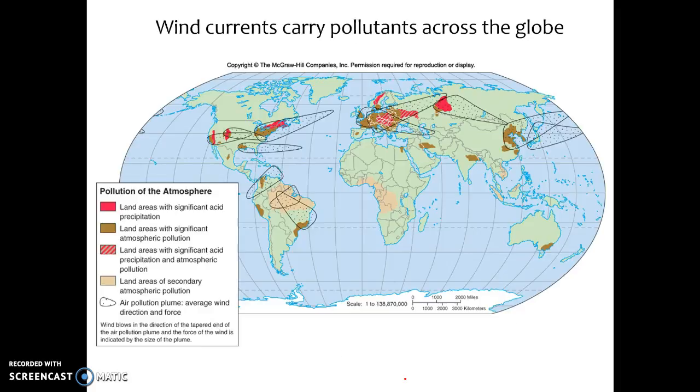So a few slides on how pollutants move across the globe. Some things can be airborne and move through the atmosphere in the air, either attached to dust or in dust clouds or attached to water molecules. So this is showing you some patterns of wind moving things across the globe.